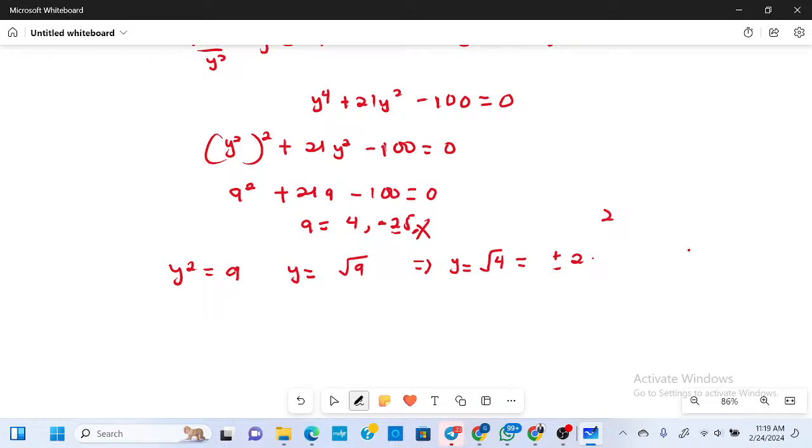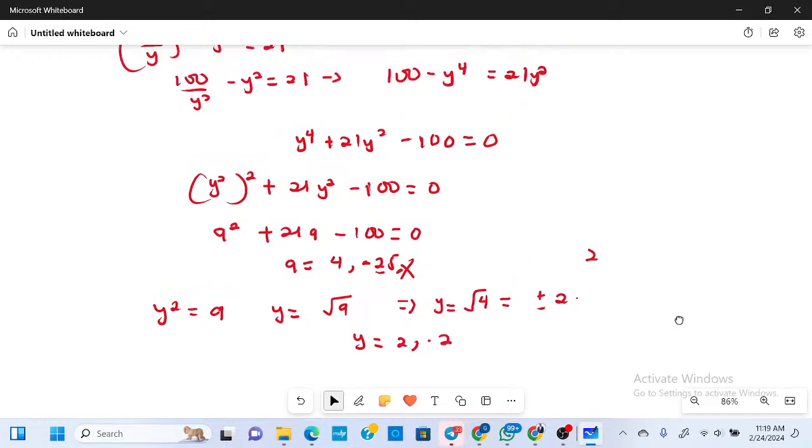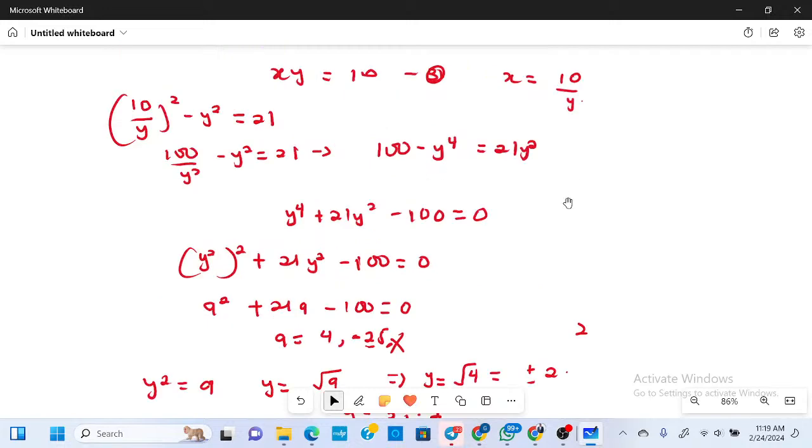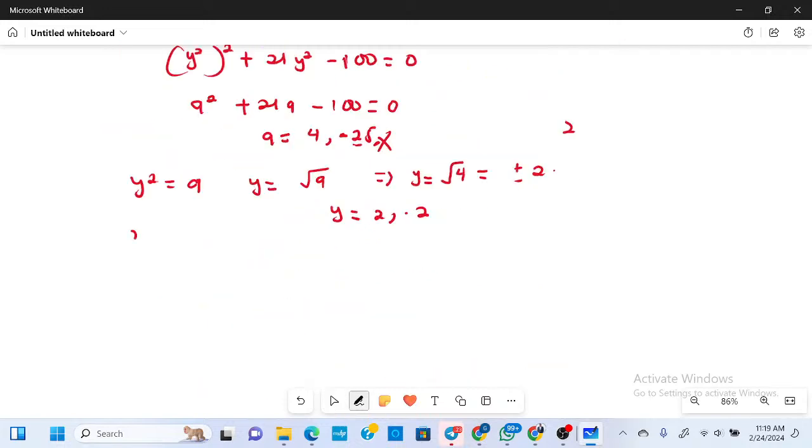So let's see. I'll have my y to be equal to either positive 2 or negative 2. Then I have to find the corresponding x. I have from the beginning here that x is equal to 10 on y. So if x is equal to 10 on y, then when y is 2, I'll get x to be 5.